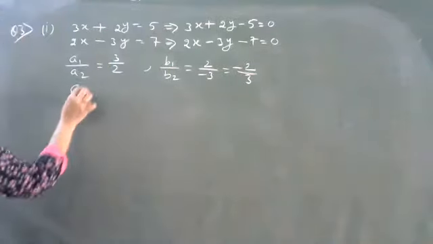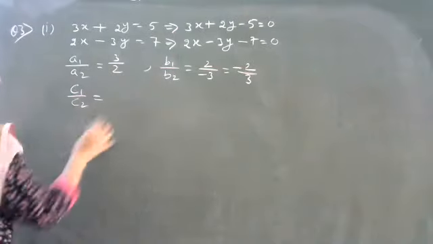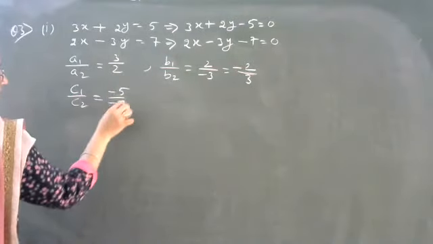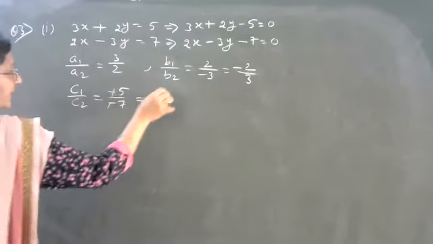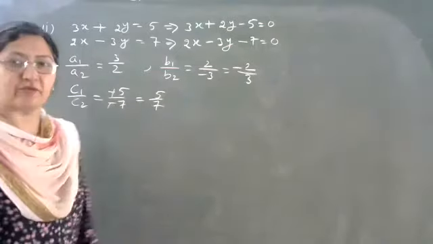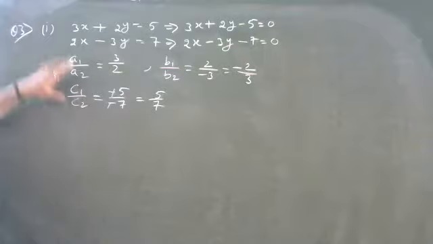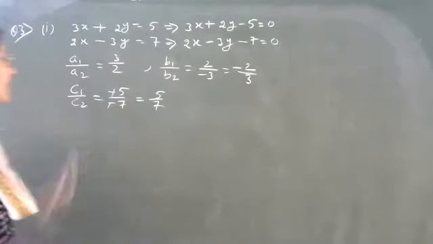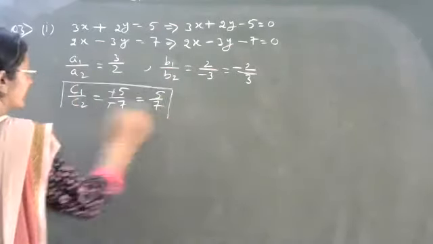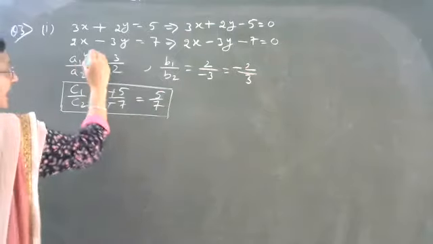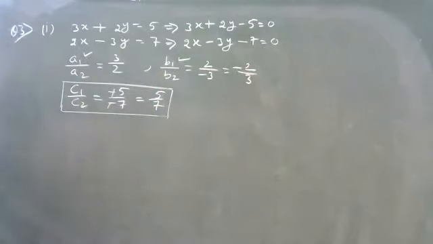So next is c1 over c2. What value do we put? Minus 5 over minus 7. After calculation, it will be 5 over 7. Now compare these. We did not need this one when we know that a1 over a2 is not equal to b1 over b2.